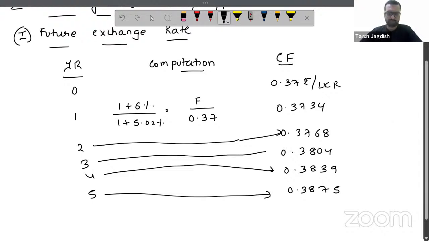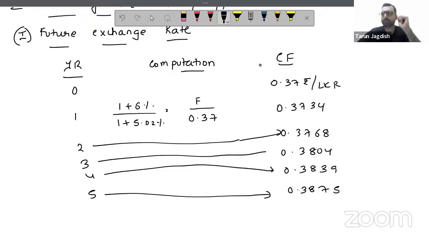Can I just ask how you did this calculation in the calculator? Yeah, okay. What I did was, just take your calculator. Do 1.06 divided by 1.0502. Press into 2 times. Now do 0.3734.